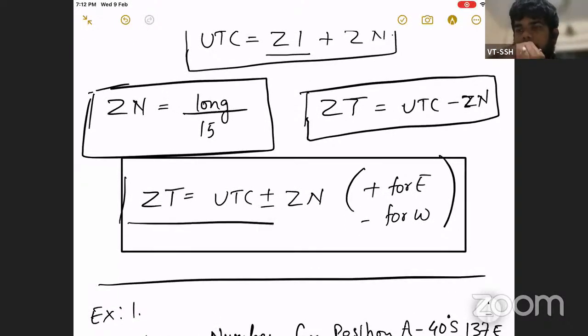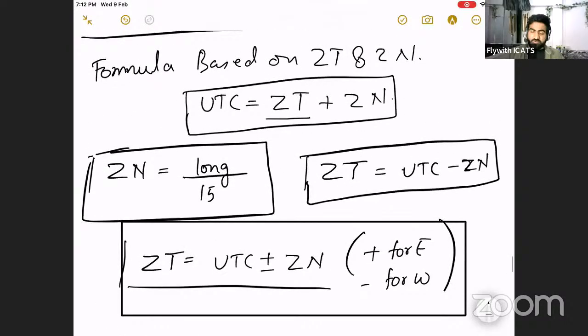Now this is different. Simply follow this because UTC is asked for by you. Simply follow this formula. So UTC is equal to zone time plus zone number. Zone time is given to you, 0600. So it will be 0600 plus zone number, and your zone number is minus 9.